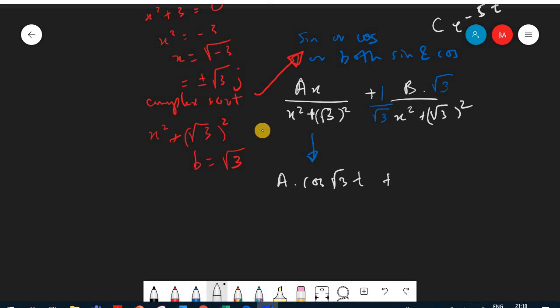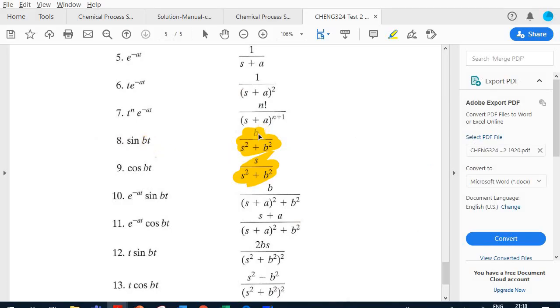Outside my term is b over the square root of 3, and then I'm going to have this term here, which if I take the Laplace inverse, is b over s squared plus b squared, and this will be sine bt. You can see here sine bt is equal to b over s squared plus b squared.